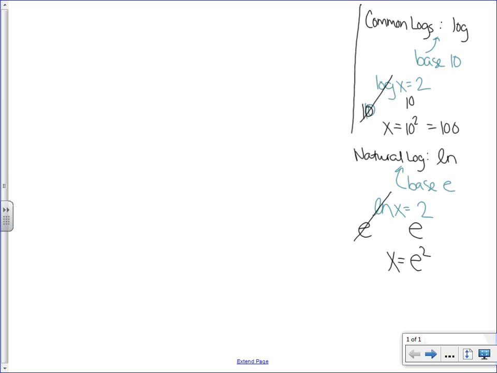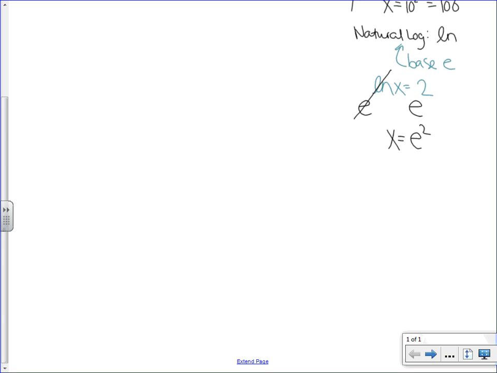All right, and we could have done this the other way too. If instead of being told the natural log of x was equal to something, I could have said e to the x is equal to 5. Well, how am I going to solve for x? I could take the natural log of both sides, because I know the natural log and e cancel each other out.